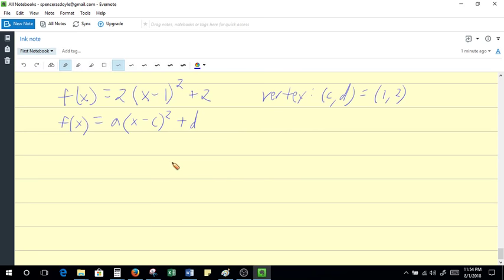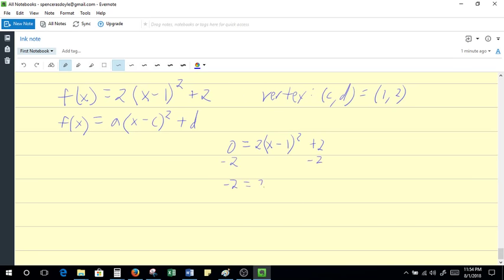Next, to find our roots, we're going to set the function equal to 0 and solve for x. So let's do that. 0 equals 2 times (x minus 1) squared plus 2. We're going to subtract 2 from both sides.